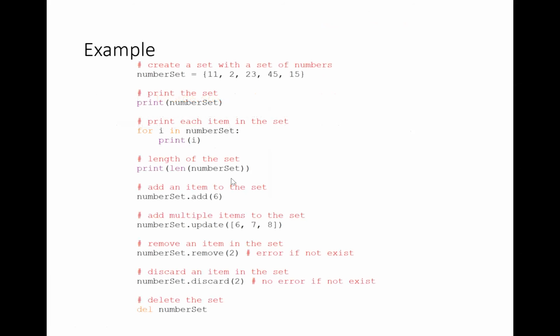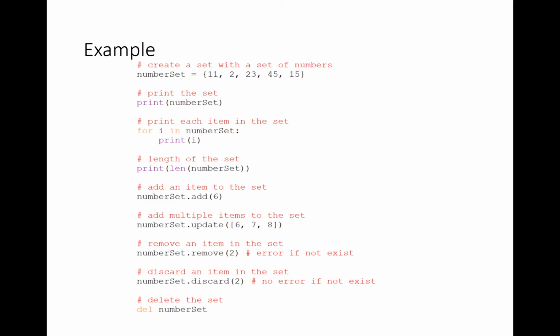Right. So as you can see, creation of a set is easy. You start with the curly brackets and you can comma separate them. Printing can be done in the same ways that we have learned earlier using print and the whole set. But if you want, you can print each individual element. Getting length will be the same, and you can add the elements, right? When you say add, it's not append, for example.